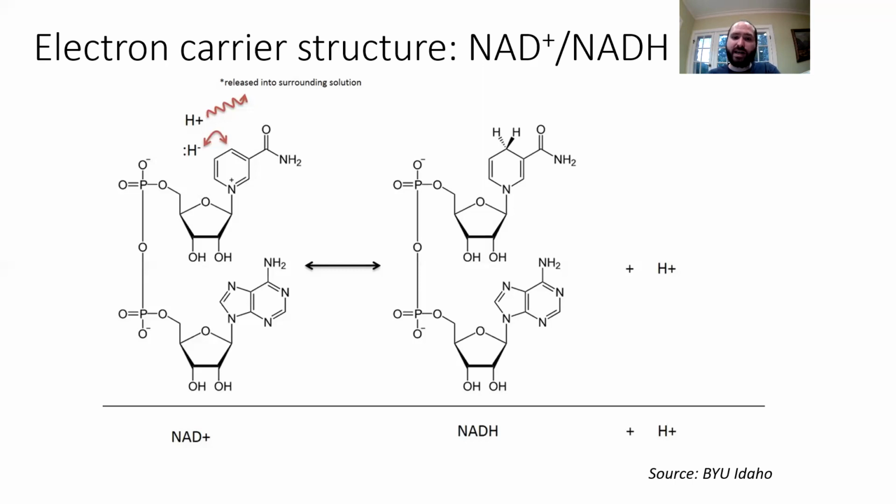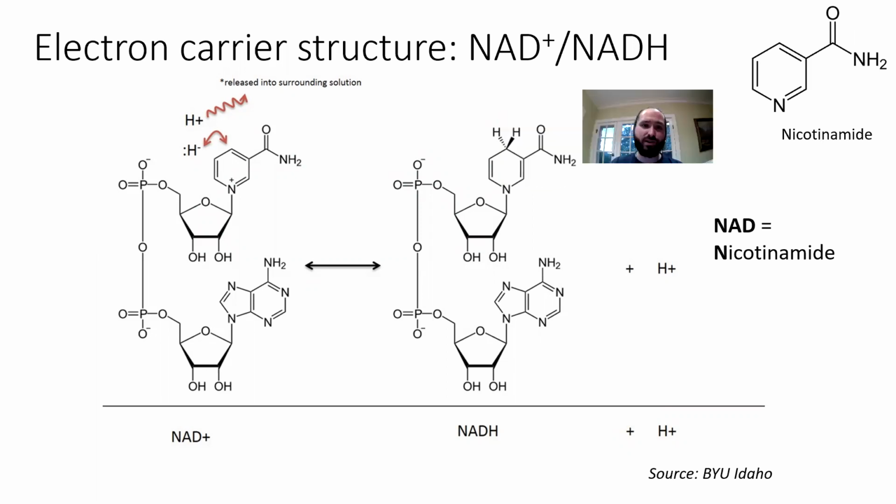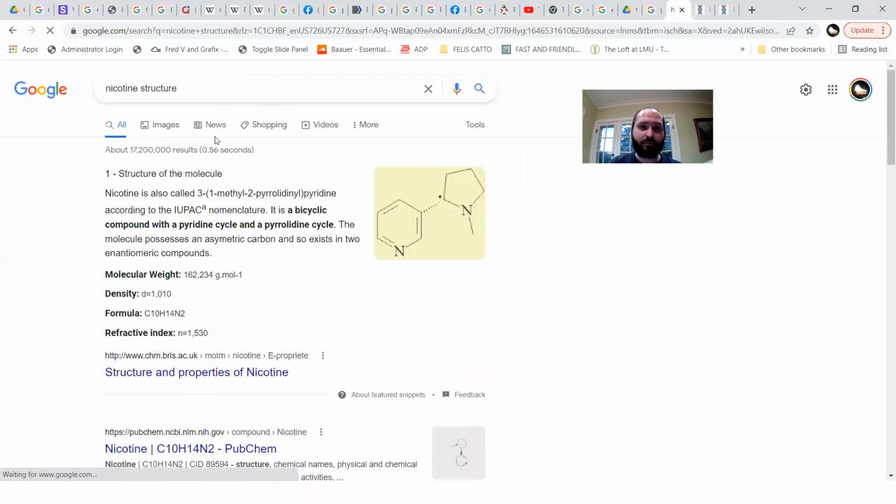What does NAD stand for? I think it's nicotine adenine dinucleotide. Nice, yeah. So it's nicotinamide, which looks like this. Just because we all know about nicotine being a chemical, let's also glance at what nicotine itself looks like.